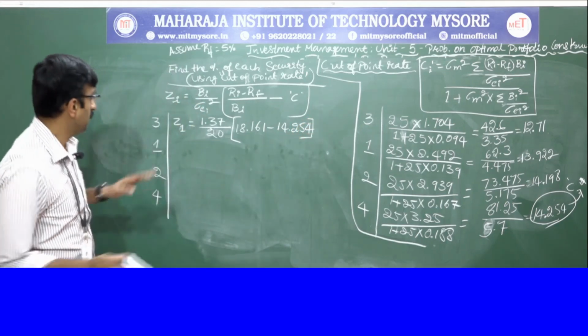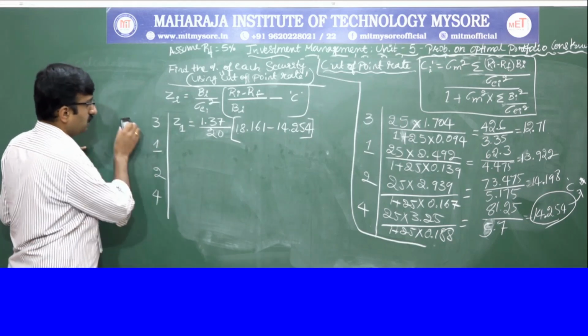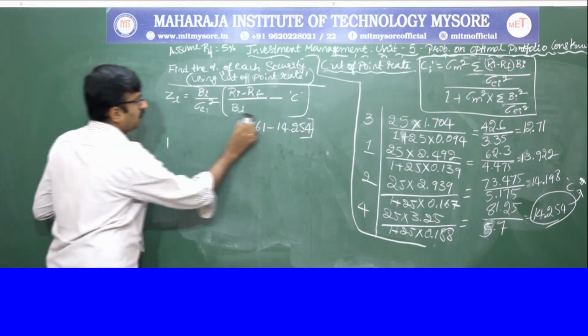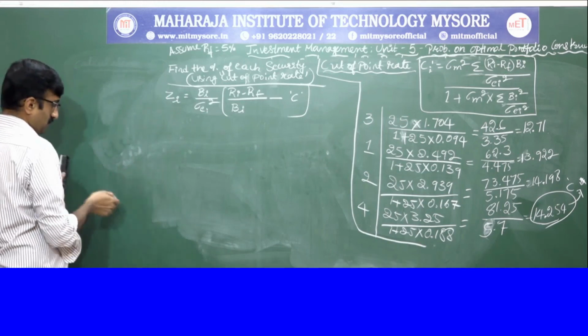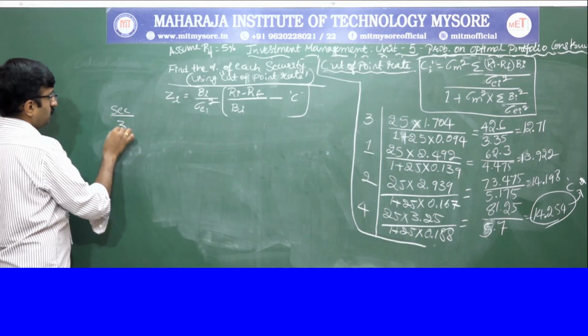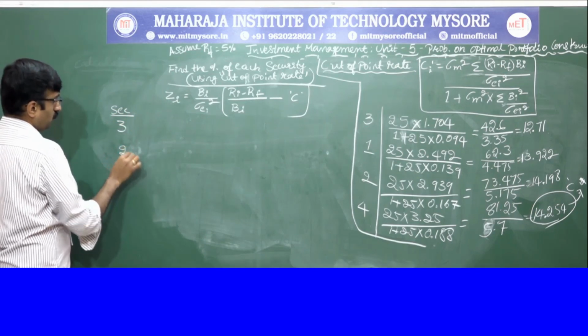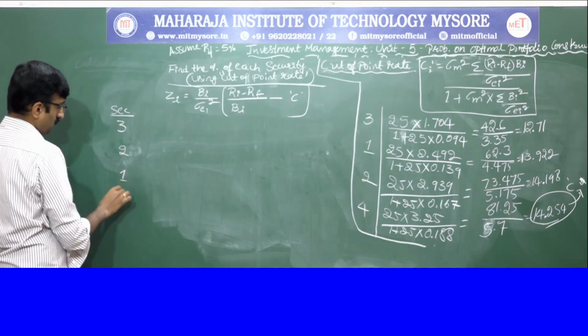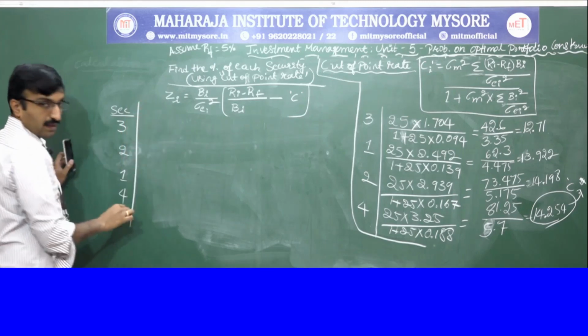I want more space for this. I'll just rub it. Wait for a second. I'll take security here. It is 3, it is 2, it is 1 and 4.